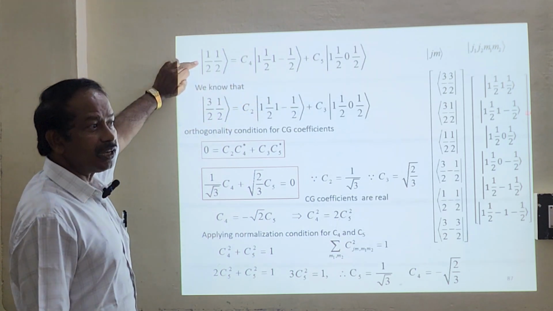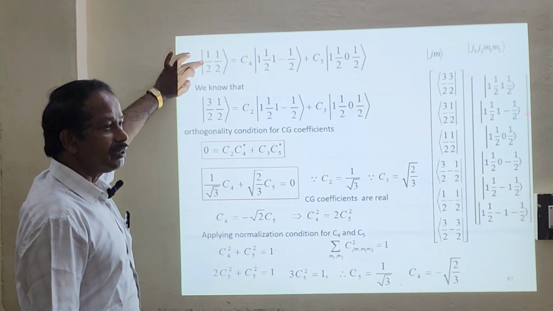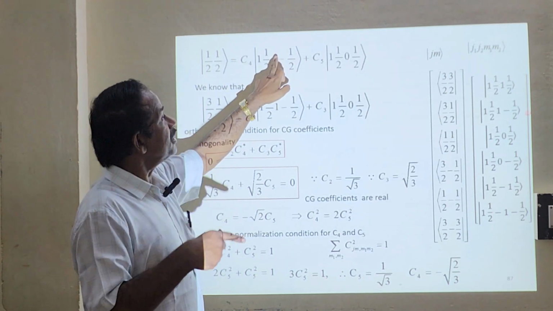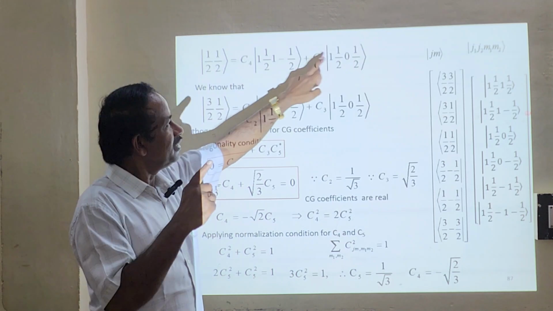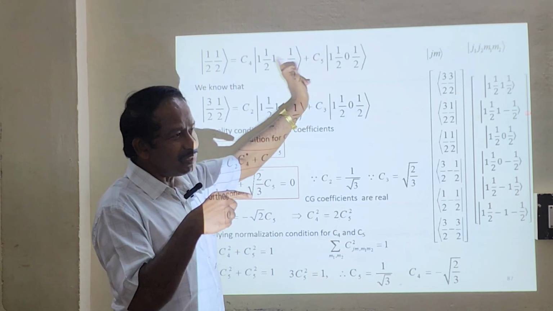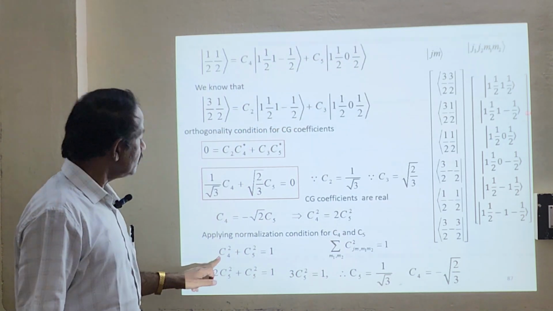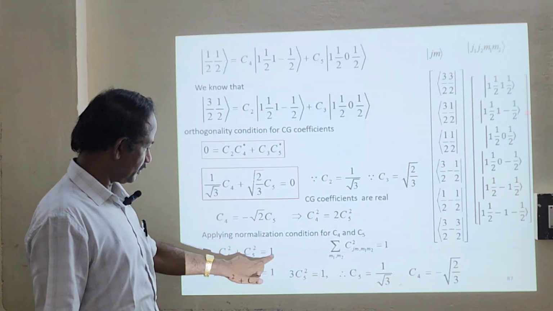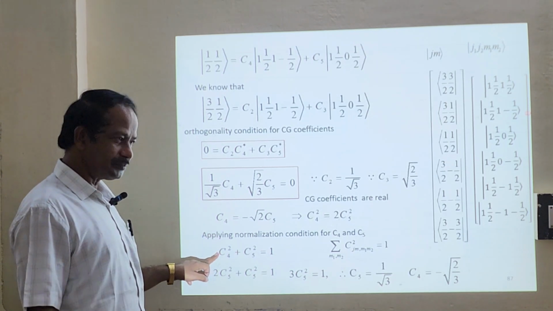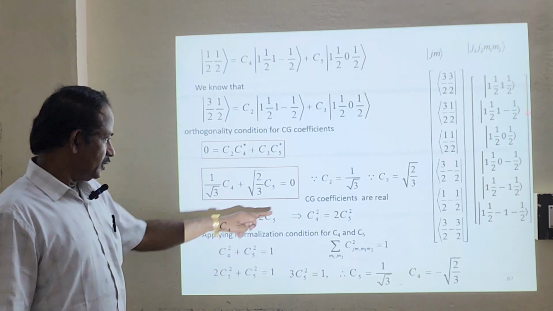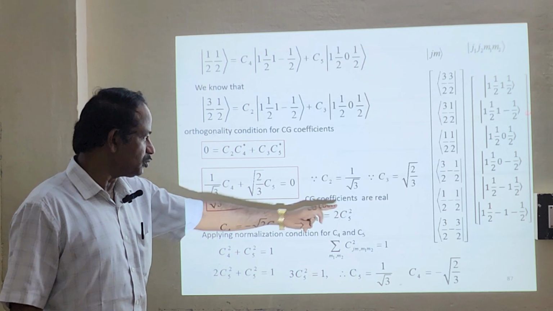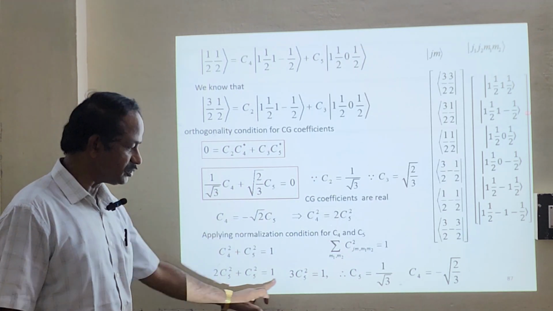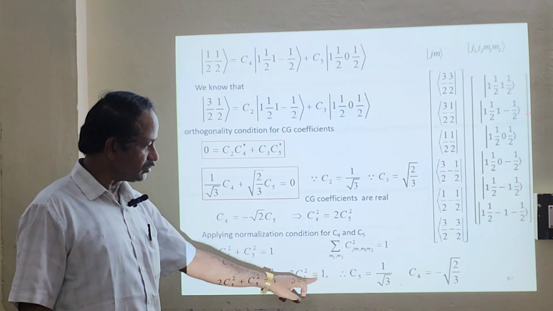Normalization condition: if you multiply this with this, the answer will be 1. If you multiply these two, the answer will be 0. So we will have C4 squared plus C5 squared equals 1. Since C4 squared equals 2 C5 squared, adding these gives 3 C5 squared equals 1.